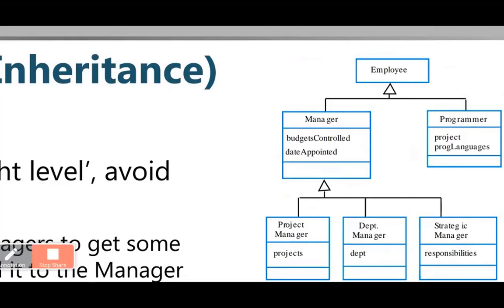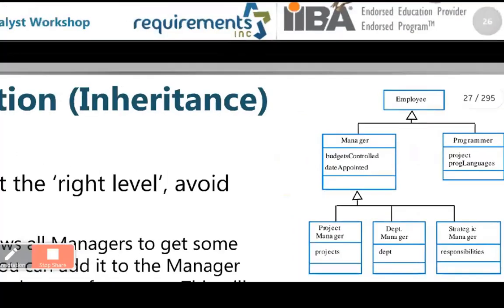Every employee has that, right? At the next level, there are certain things available for the manager that are not available for the programmer, and vice versa, possibly. They have their distinctive ways of looking at this. And more so within the further specification of whether you're a project manager, a department manager, or a strategic manager, it varies, right?